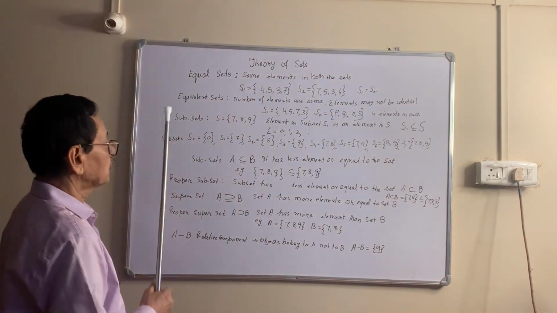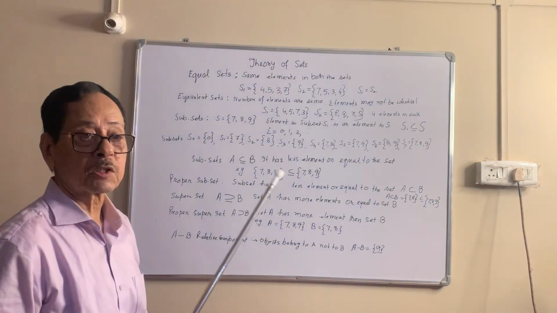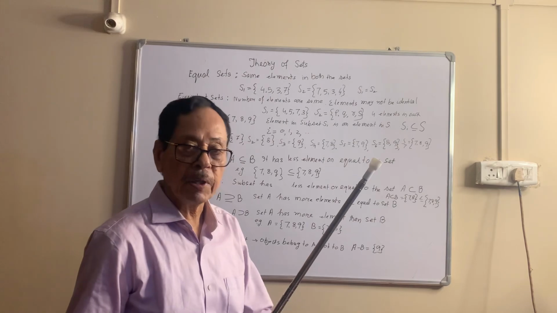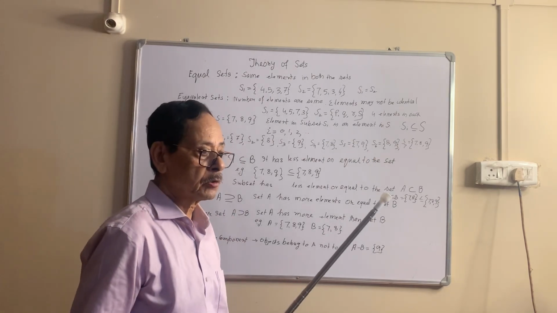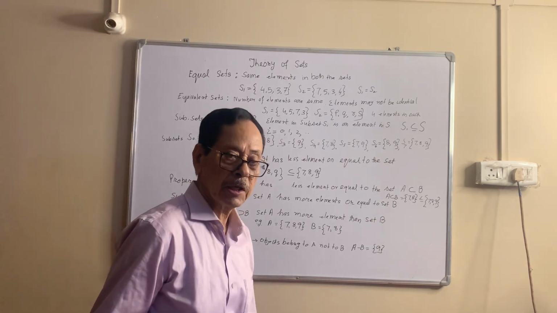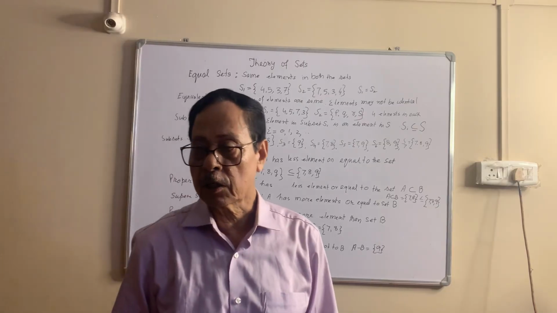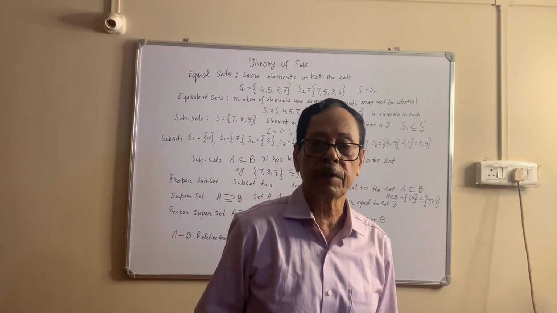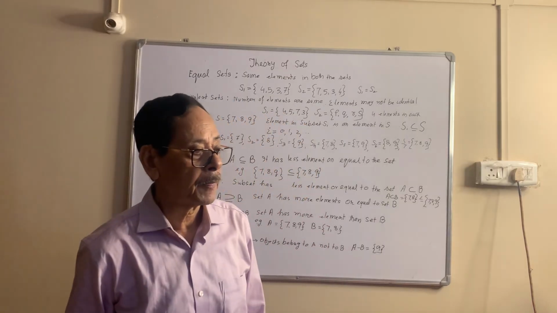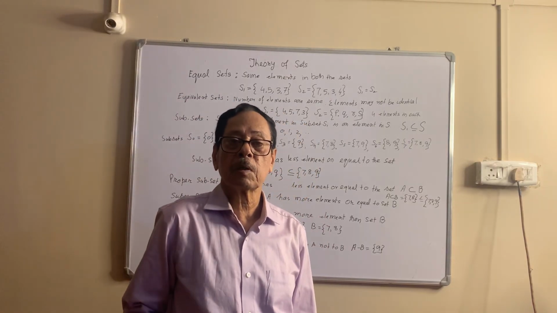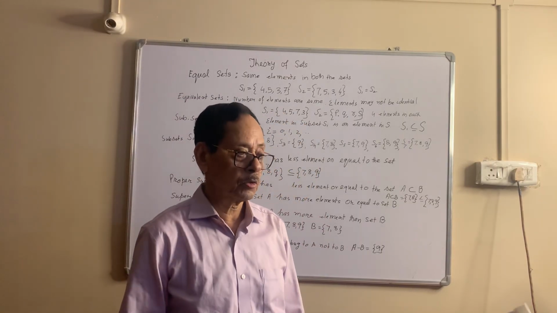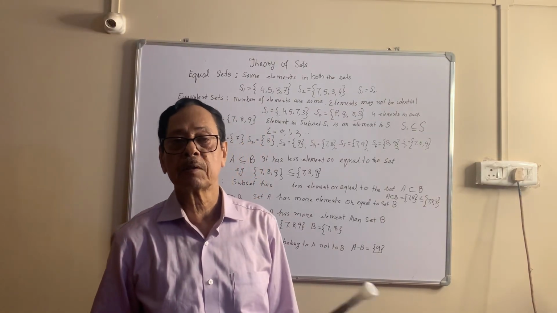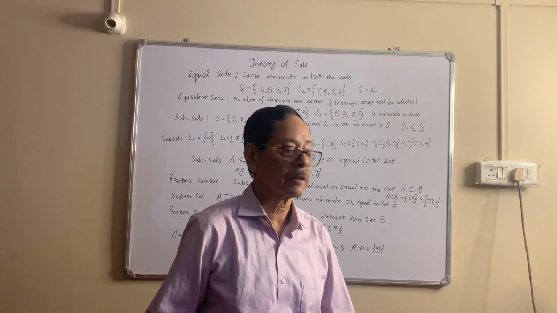Then subsets. Subsets are small sets of a set. Suppose a class has both boys and girls. It is a set of students, but there will be subsets, like girl students as one subset and boy students as another subset.